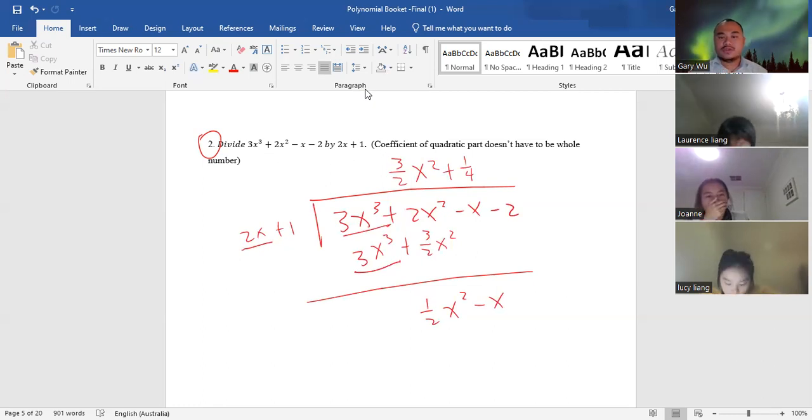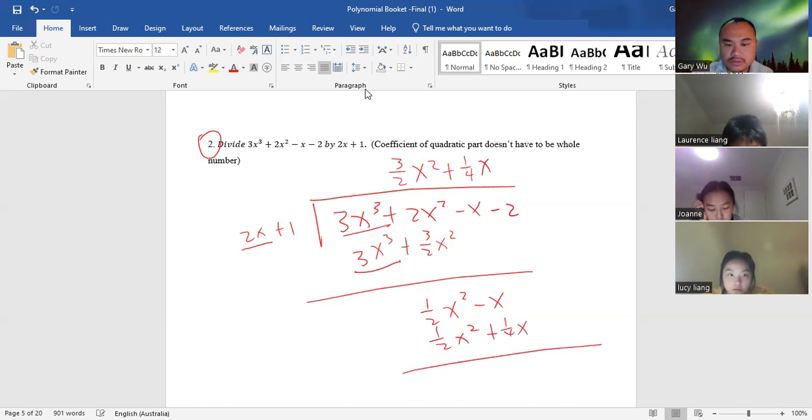And then you do the same thing, but this is fraction minus whole number. So 1 over 4, oh sorry, there's an x here, plus 1 over 4x. It would be therefore 5 over 4x minus 2.